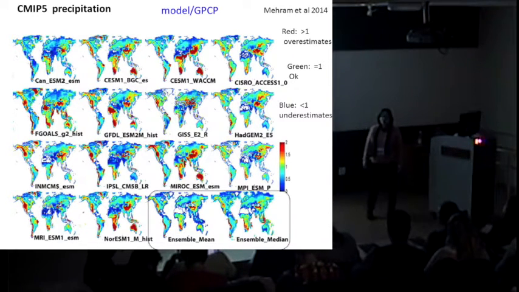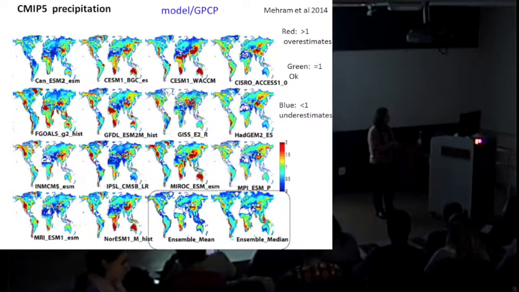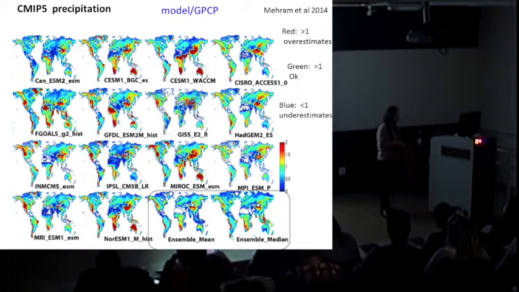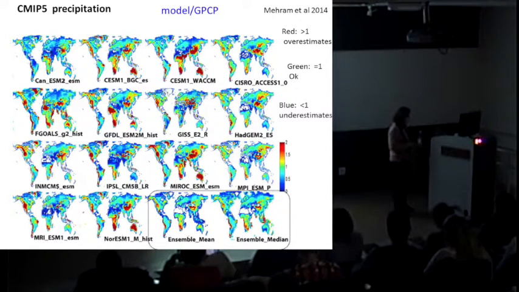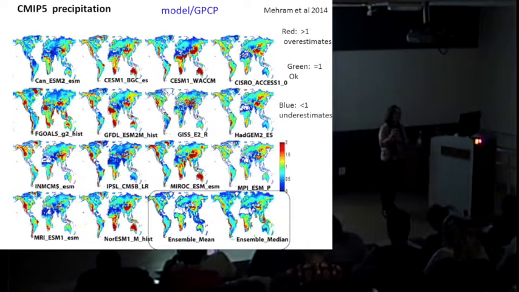So this is another way to evaluate the models, and I think it's a very interesting way. This is in the paper by Mehan et al. It is the precipitation from the model divided by the precipitation of GPCP. If it's more than one, the model overestimates.